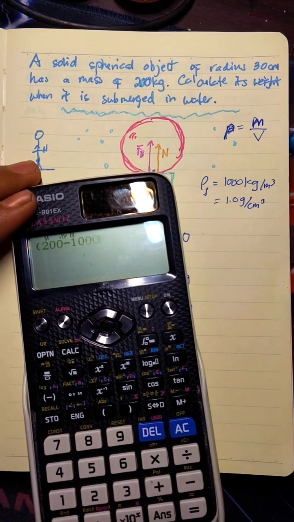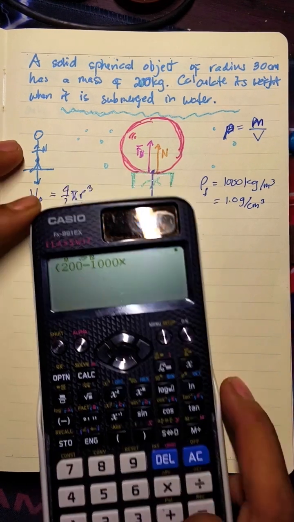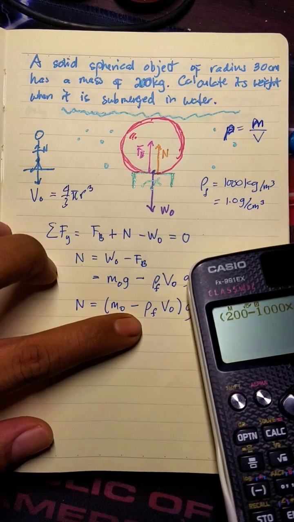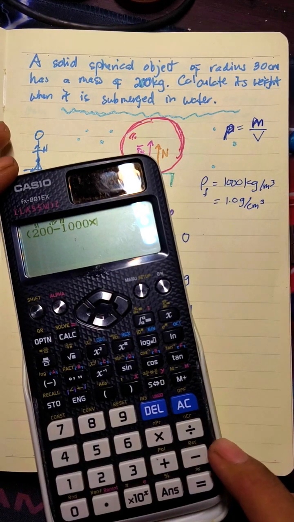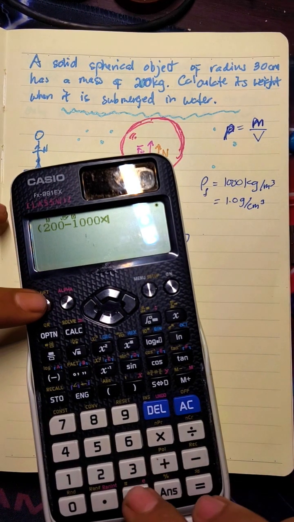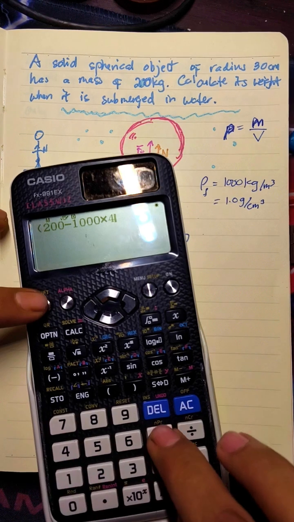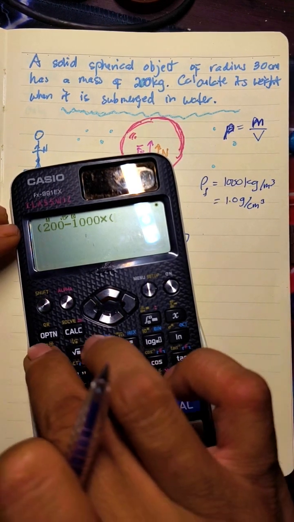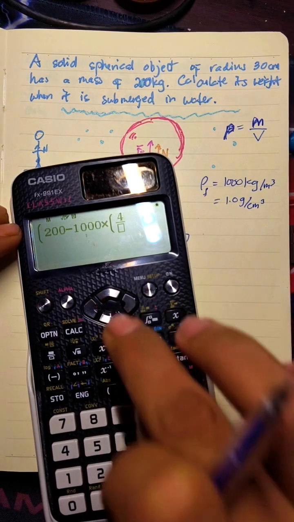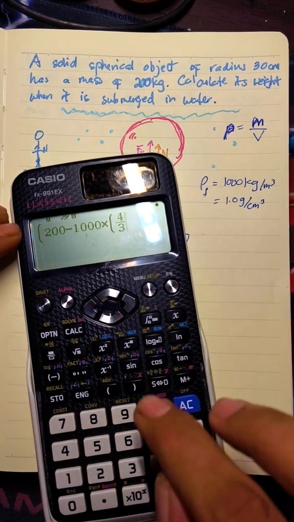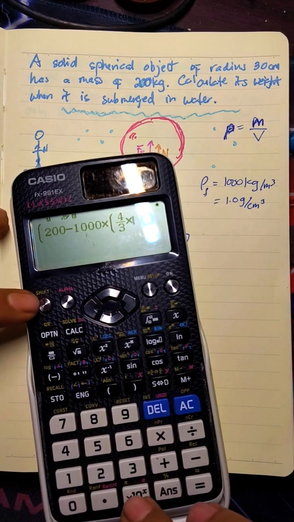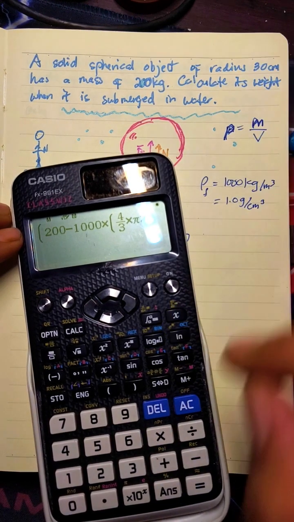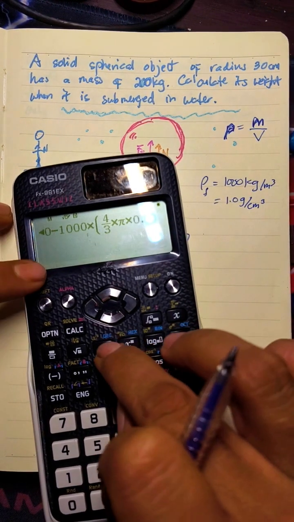So 1000 times the volume of the object, 4/3 times pi times r, in this case using meters, 0.3 cubed.